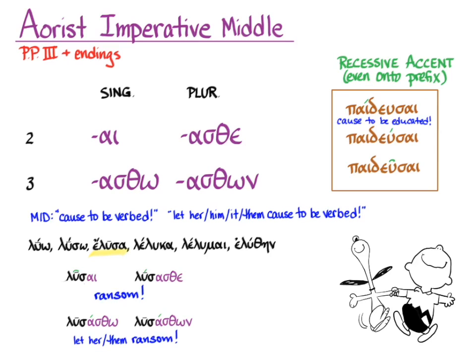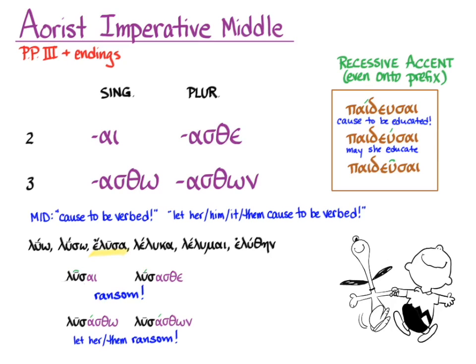Paideusai also has recessive accent, but in that form, the alpha iota at the end of the word is long for the purposes of accent. And you may remember that that's an optative third person singular active form in the aorist. And so one way we could translate that would be an optative of wish, and we would get, may she educate.